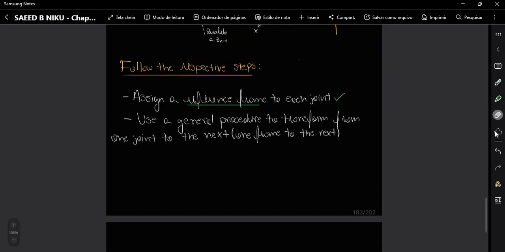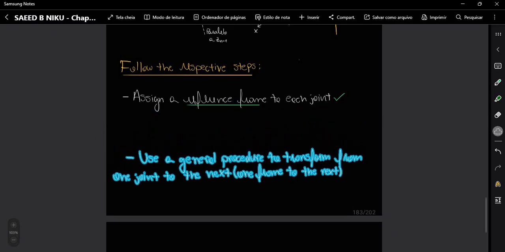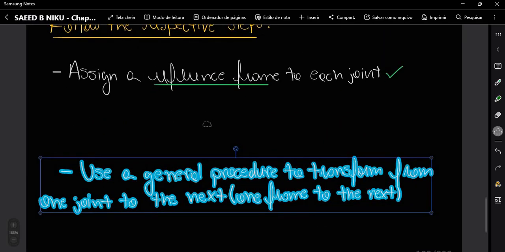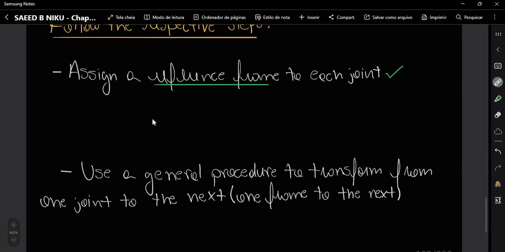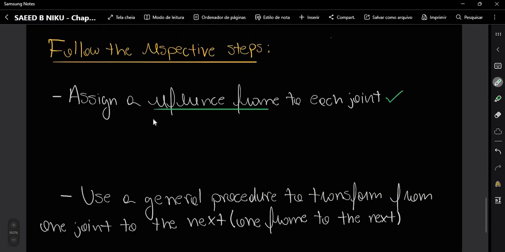And as I said, within these steps, these requirements that we need to attend, we got more steps within. So assign local z-axis and x-axis.